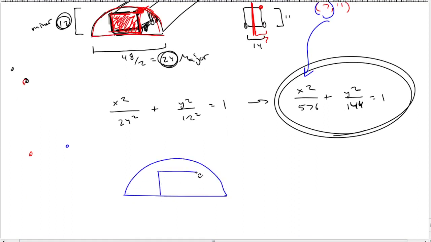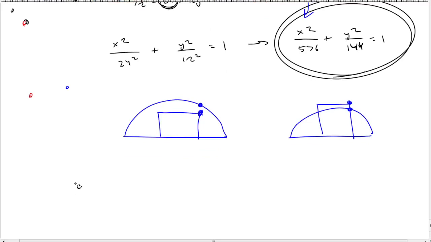Either the truck is on the inside and it's not touching. See how my y values are going to be different from one another there? The other option is that the truck is going to be like this, and notice that the y values are different again, but one is higher than the other. So what I want to do is plug in the 7, see the height of this semi-ellipse, and compare it to the 11.